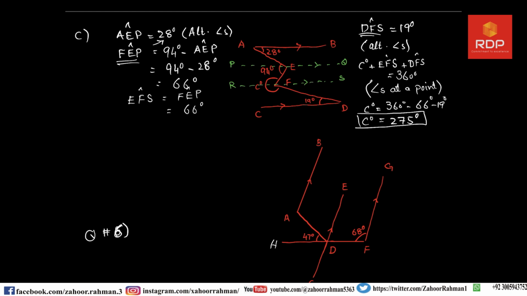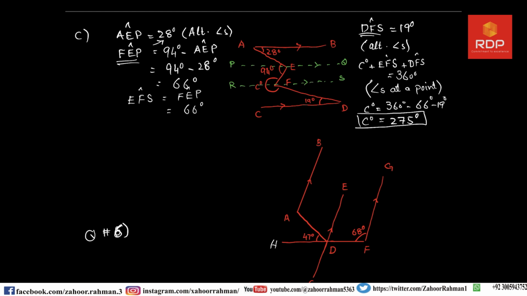So HDF is a straight line. AB is parallel to CE is parallel to F. They are talking about these three lines, and they are saying that they are parallel to each other, and all of them are equal to 47.